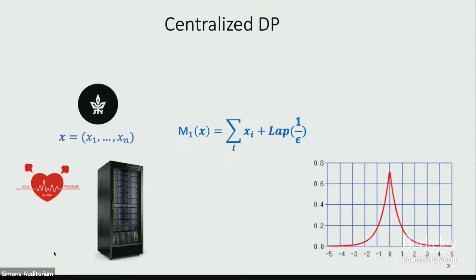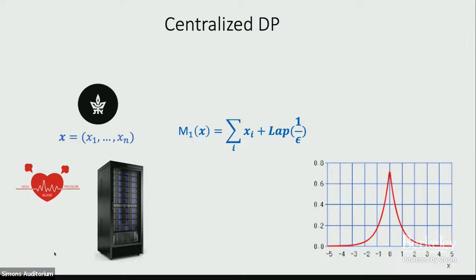And the amount of noise we need to add is constant in the sense that it is independent of the length of the vector n. It only depends on epsilon. So this is a very accurate mechanism to compute the sum of a vector while preserving privacy.